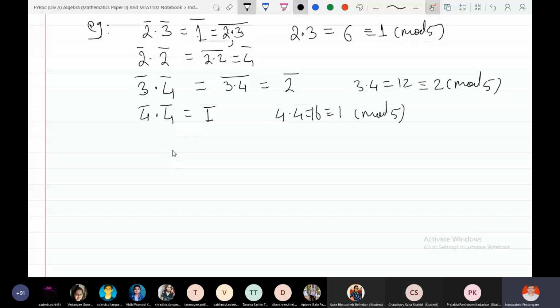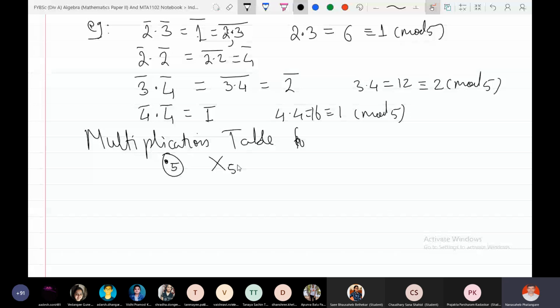Now write the multiplication table that will give you all possible multiplications of elements in Z5. This multiplication we denote by multiplication modulo 5, or sometimes dot modulo 5.